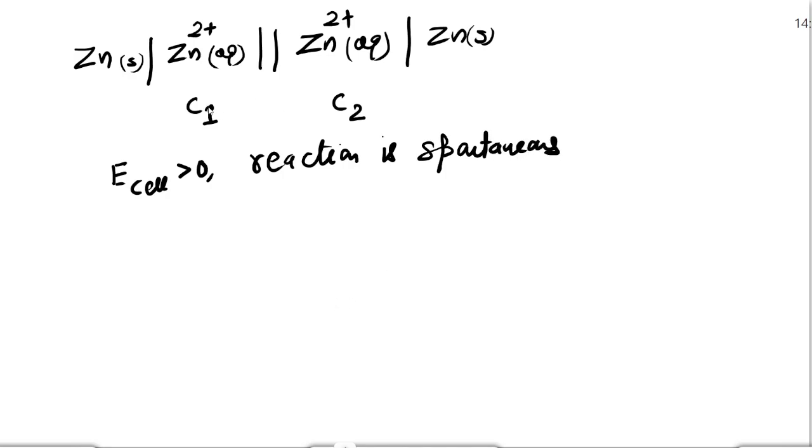How do we figure out the relation between C1 and C2? Yes, beta. We use the E cell equation. I wanted to explain without writing the equation, because if you write the equation, that is a wastage of time. You don't want to write the equation actually. Without writing the equation, how do you figure out?